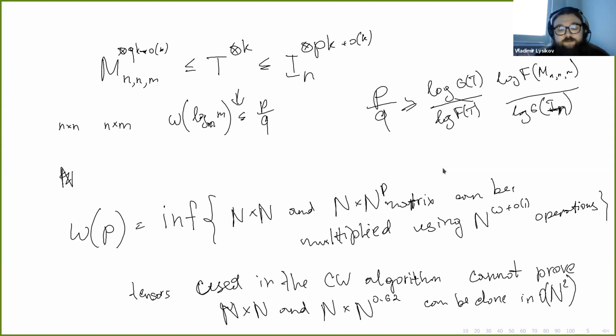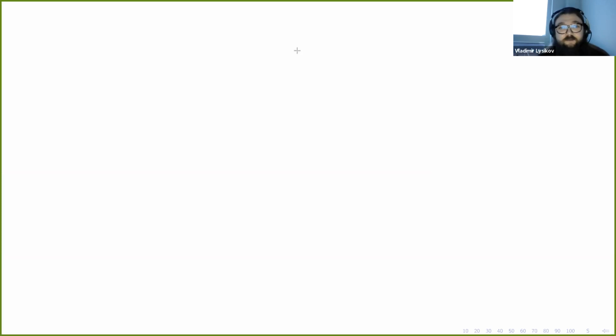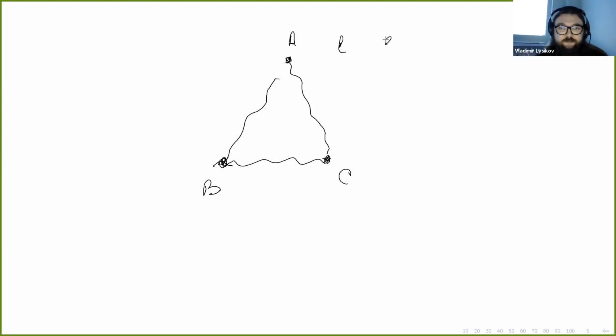And another application is to quantum entanglement. So if we have a quantum system, if we have three parties A, B, and C, and each of them has some quantum system which can interact with each other and can be entangled. So if the particle A can be in L possible states e1 up to eL, orthogonal states, and it can also be in their superposition.